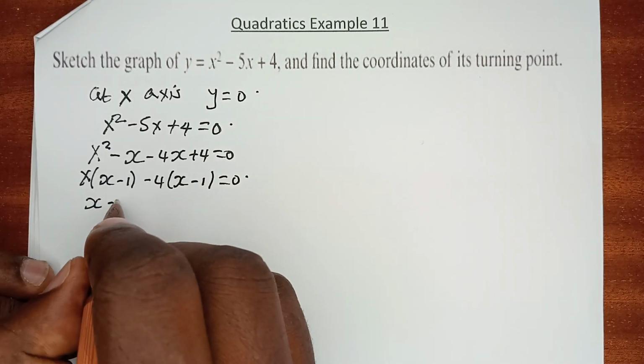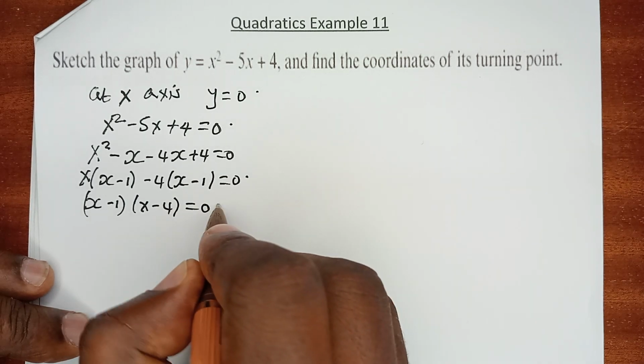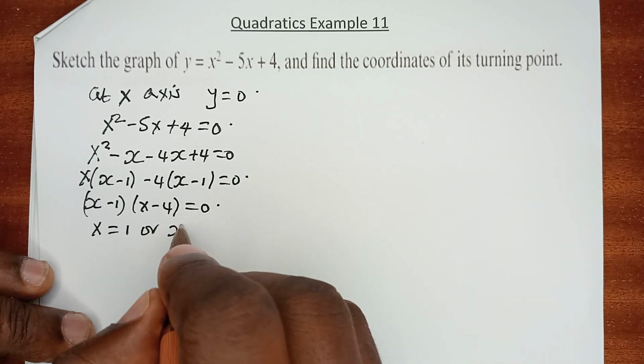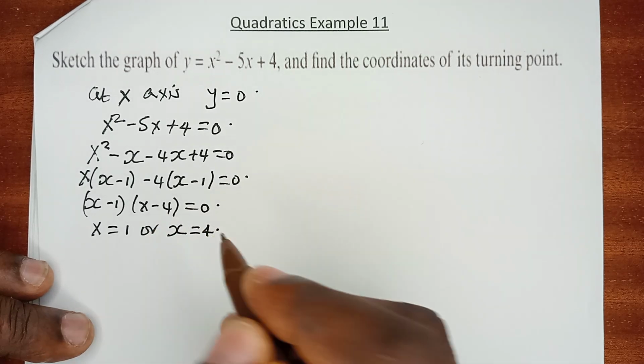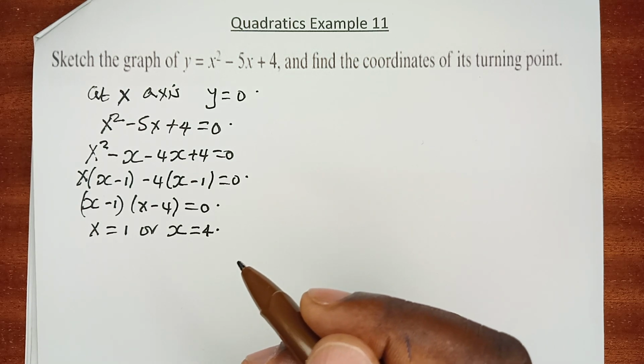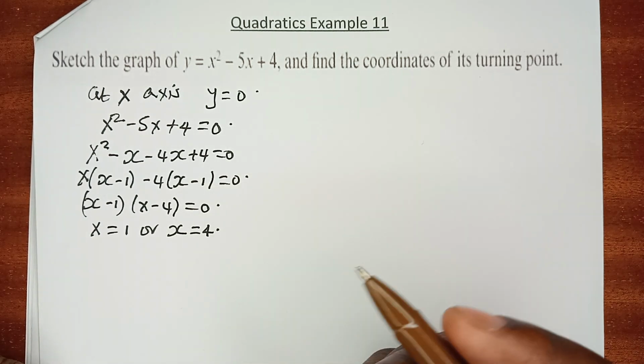So we have (x minus 1)(x minus 4) equals 0, x equals 1, or x equals 4. So these are the x-axis intercepts, or rather where the graph cuts the x-axis, the solutions, which we can sometimes call the roots.